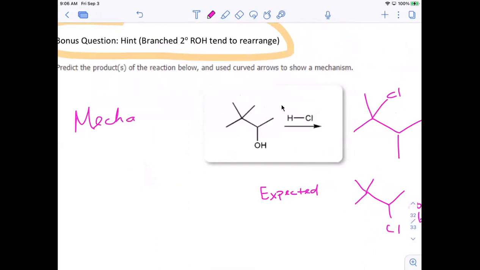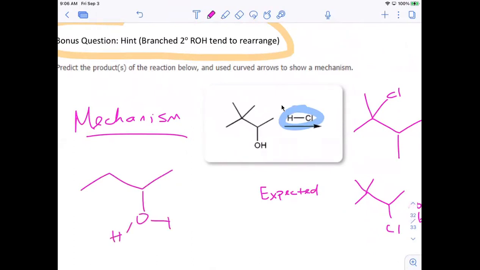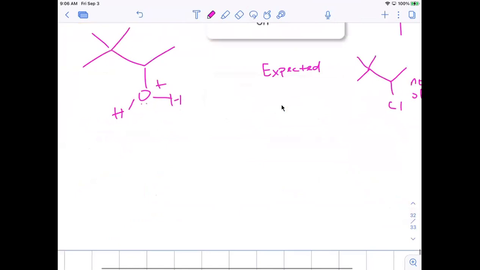If it's a secondary alcohol and you're treating it with HCl, what's the main intermediate that you're going to get from that? Using that set of conditions. Right, this is one of your intermediates. But what happens to this intermediate?